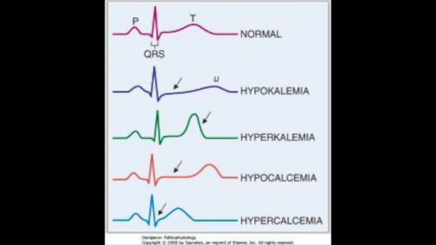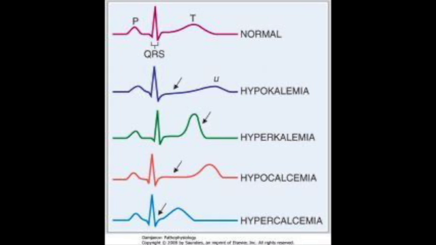So with the lack of uptake, we're going to have a huge increase in hyperkalemia. Insulin deficiency as well, for that same reason. Also catabolic states when you're breaking down the cells as well. And mannitol.